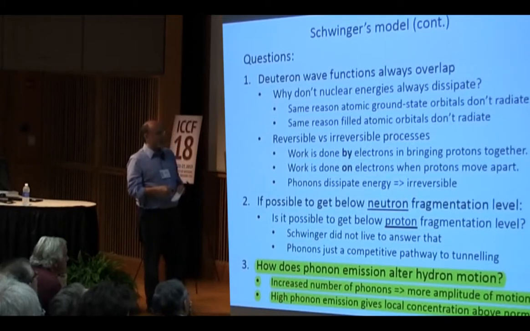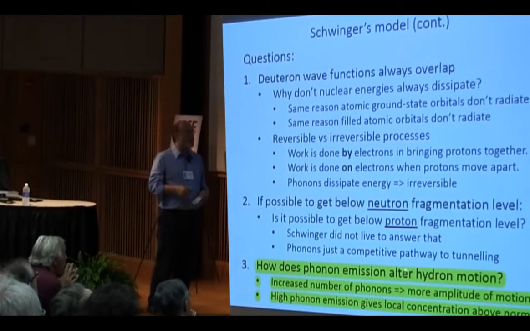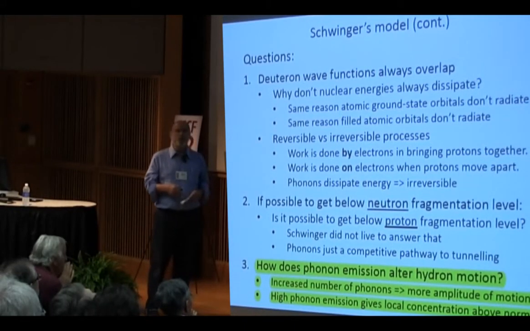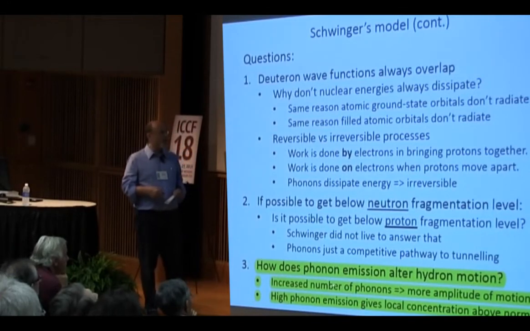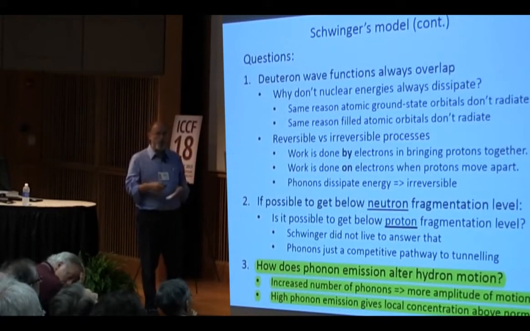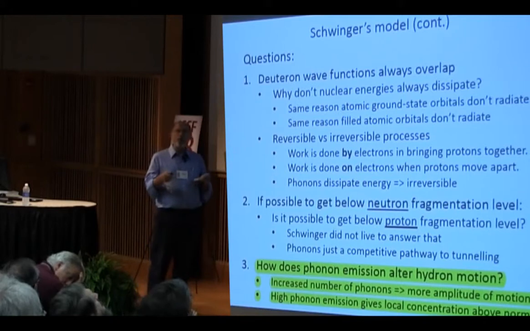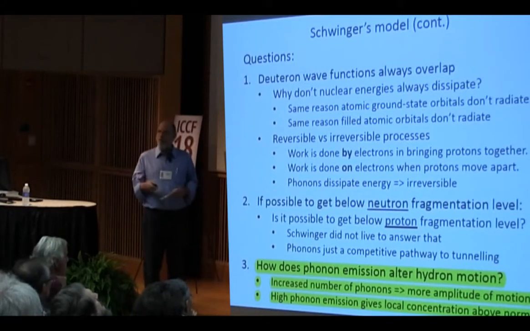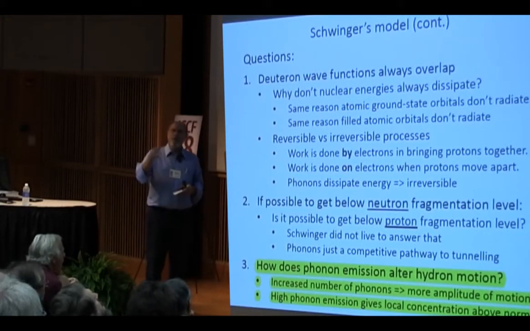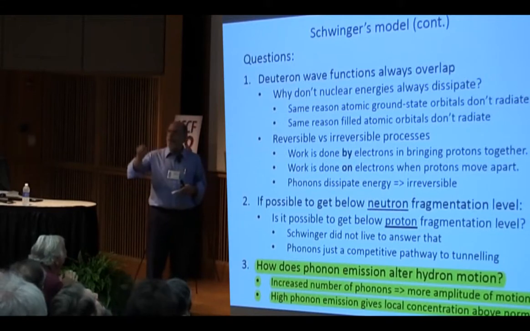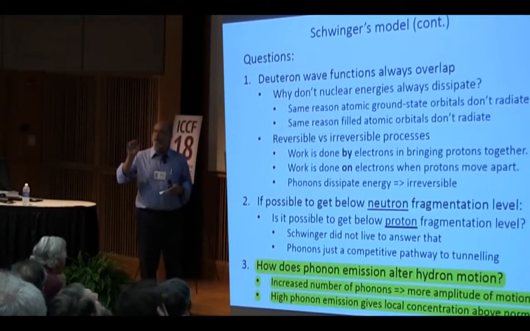So the question then is, how does the phonon emission alter the motion in there? If you have an increased number of phonons because you're generating them in this nonlinear region, it's like those perpetual motion machines: every time it goes by, it has a magnetic kick.